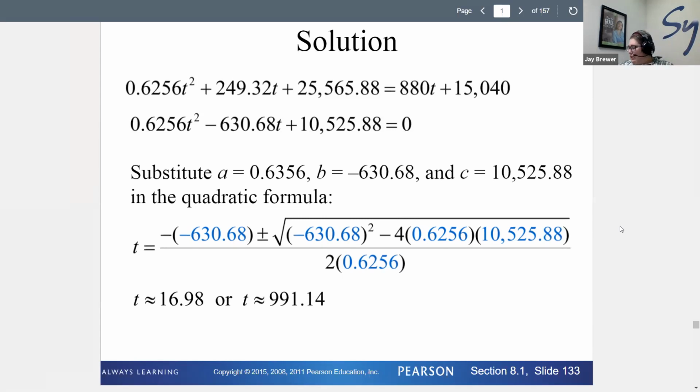So once you take a look at these answers, what do you think you can tell me they mean? What does T of 16.98 or T of 991.14, what do you think those two T's represent?